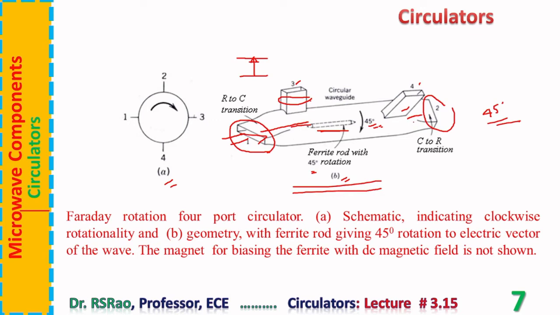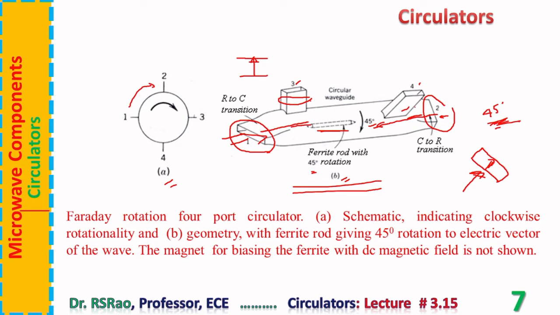Notice before reaching port 2, the electric vector was rotated by the ferrite rod by 45 degrees. And the twist on the output side also gave a 45 degrees rotation to port 2. As these two rotations are in the same direction, now the wave can come out of the port comfortably without any problem. So when input is given at 1, it comes out of 2 without any problem. So 1 to 2 connection. We consider another situation. If input is given at port 2, then the wave travels.